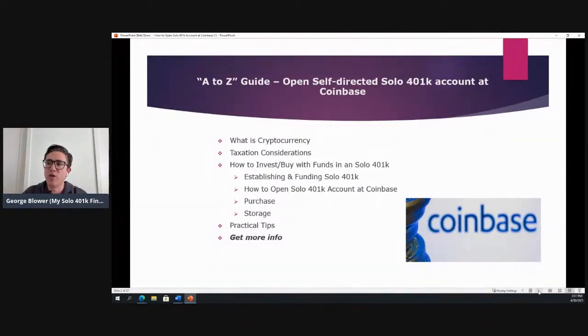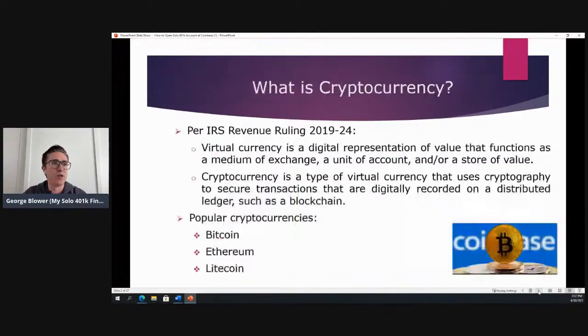We're going to talk about what is cryptocurrency, taxation considerations, how to invest or buy funds in a solo 401k, which would include establishing a solo 401k, funding a solo 401k account, specifically how to complete Coinbase's online application, and then other practical issues like purchase, storage of cryptocurrency, and other practical tidbits.